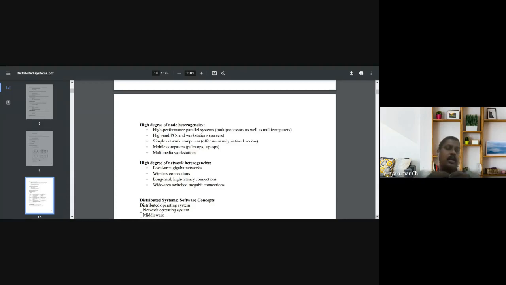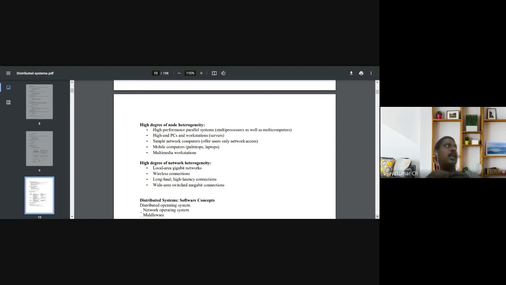Local area gigabit networks. Gigabit is written as Gb. After that, wireless connections.